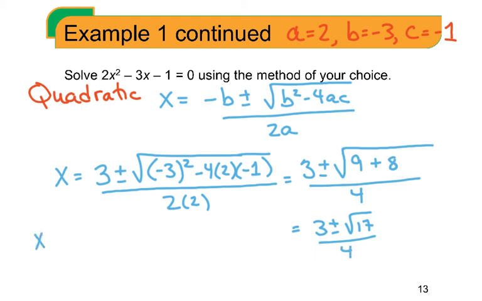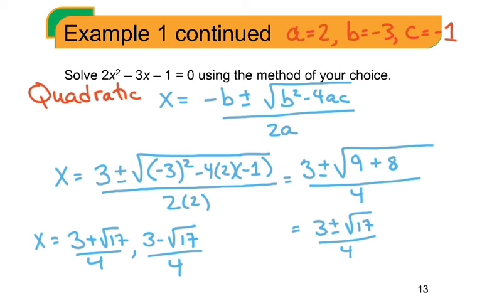So my two solutions are 3 plus the square root of 17 divided by 4, 3 minus the square root of 17 divided by 4. And I think this is probably easier than completing the square.